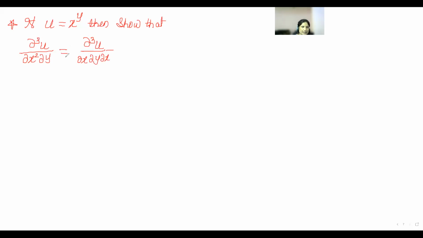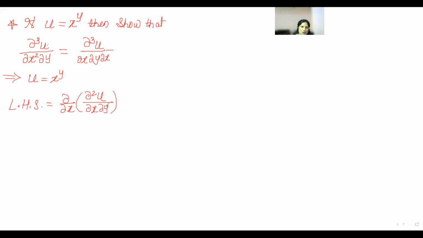Okay, now first consider one side. LHS is equal to, here u is given as x raised to y. LHS, that is dou cube u by dou x square dou y. Here we are taking the derivative of the given function, that is dou 2u by dou x dou y.